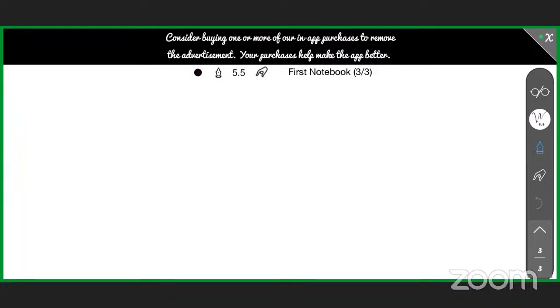The next question is about the equation of a line.